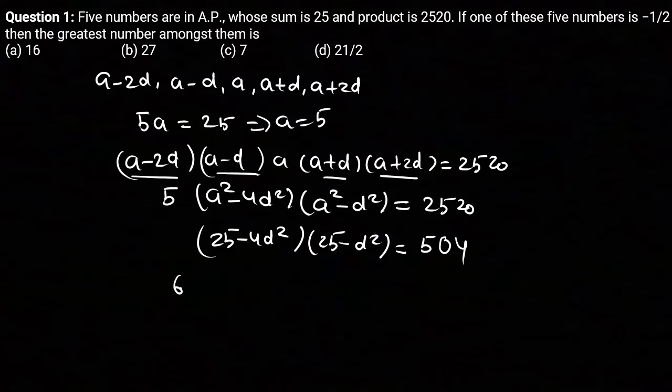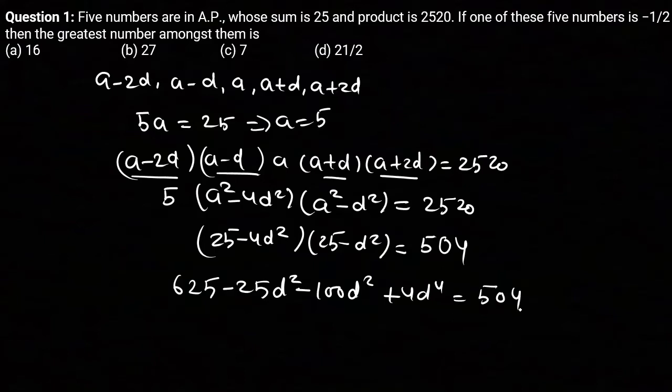This will become 625 minus 25d square minus 100d square plus 4d raised to the power 4 is equal to 504. Okay, so if we solve this equation, we will get the two values of d.